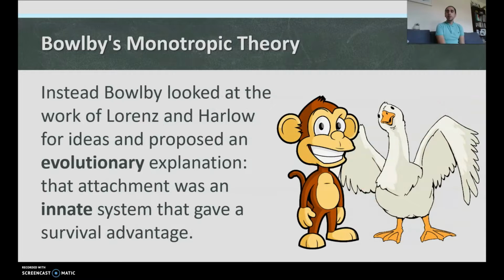Instead, Bowlby looked at the work of Lorenz and Harlow for ideas and proposed an evolutionary explanation that attachment was an innate system that gave a survival advantage. Innate meaning unlearned, meaning it naturally occurs.